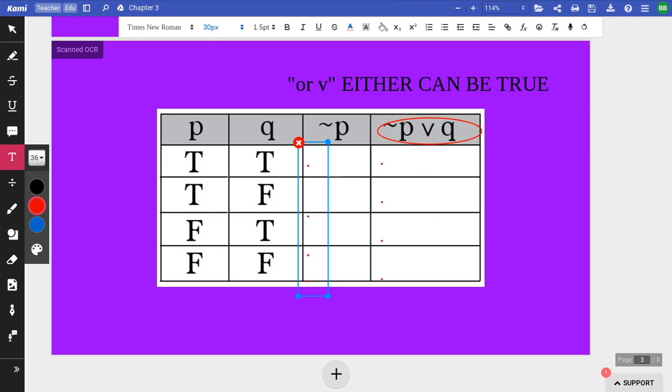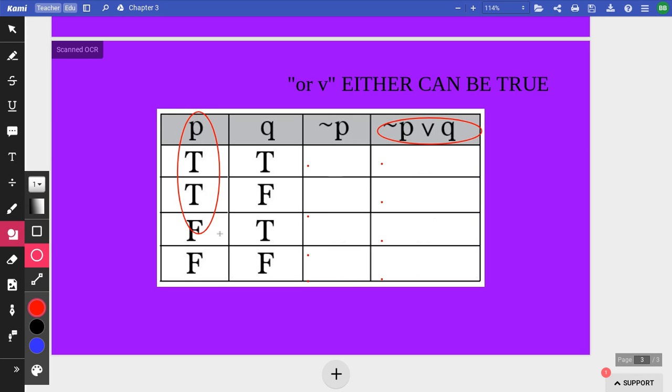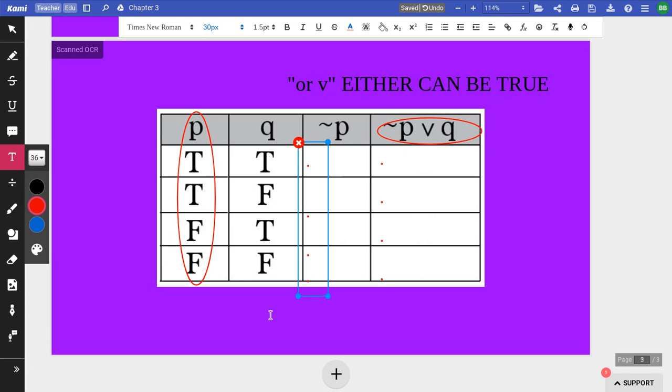So P right now is right here. So let's go ahead and circle that so we know what we're focused on. So this is P right here. We want to know what's not P. What's not P? So right now it says for the first one is true. What's not true is false.